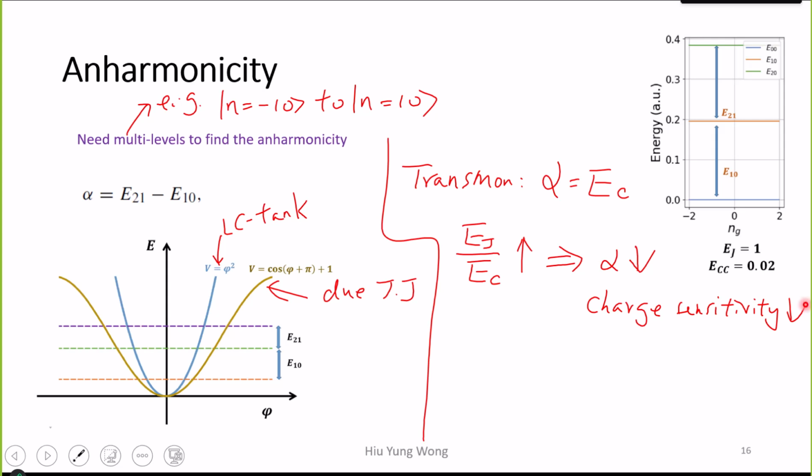And that is the problem, or the characteristic, of a Transmon. When EJ over EC is large, you have a constant energy, so you are insensitive to charge. But if you compare the two levels, the energy difference between these two levels gets smaller.